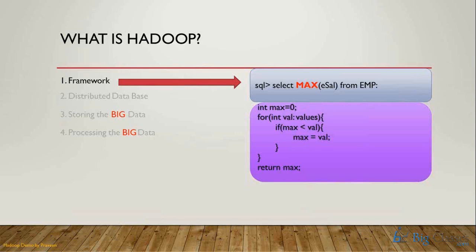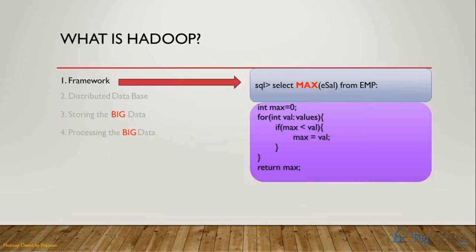What is the benefit you are getting out of that? Performance, time. If you want to develop this code, compile it, and run it, it could take half of the day. Even as an experienced person, you need to spend at least 10 to 15 minutes, right? Instead of that, within 10 seconds, you can write the max method and invoke it.